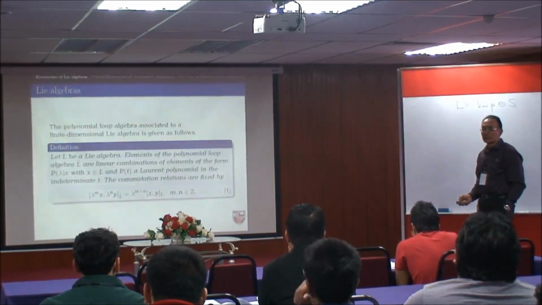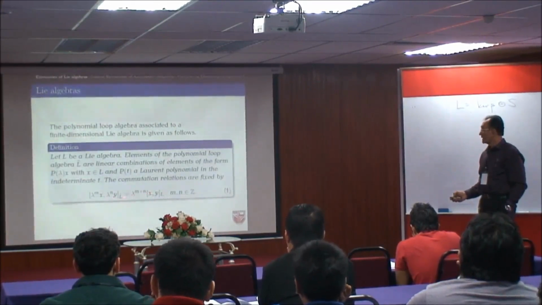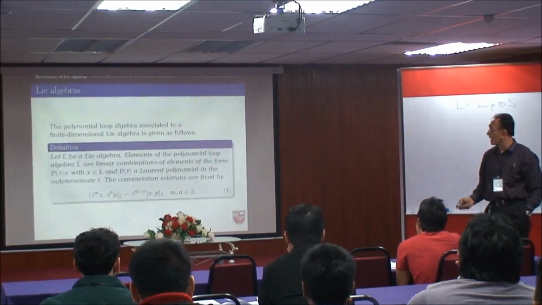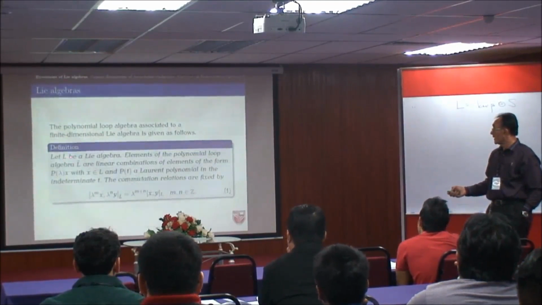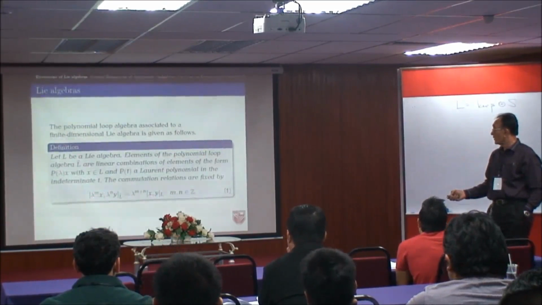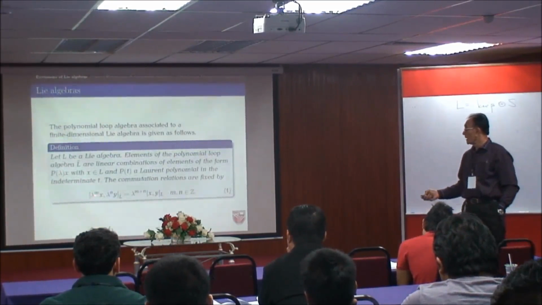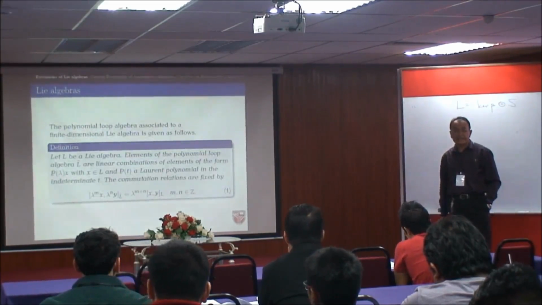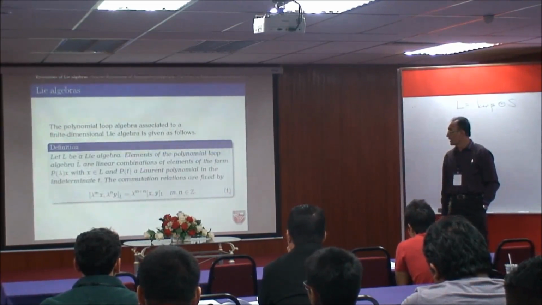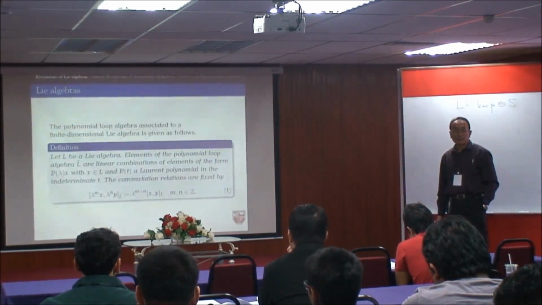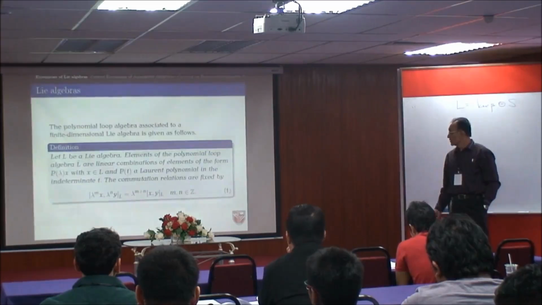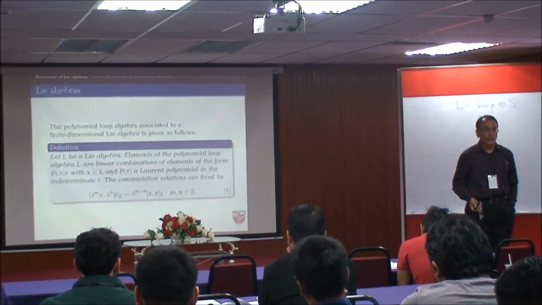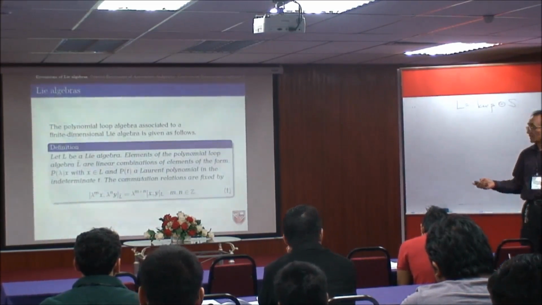This is a Lie algebra bracket. The resulting algebra is now an infinite dimensional algebra, even if your algebra is finite dimensional, because of this lambda to the power m x. Linear combinations may be infinitely many, but they are linearly independent. So as a result you will get an infinite dimensional Lie algebra. This Lie algebra is called a loop Lie algebra. This is closely related to loop groups.